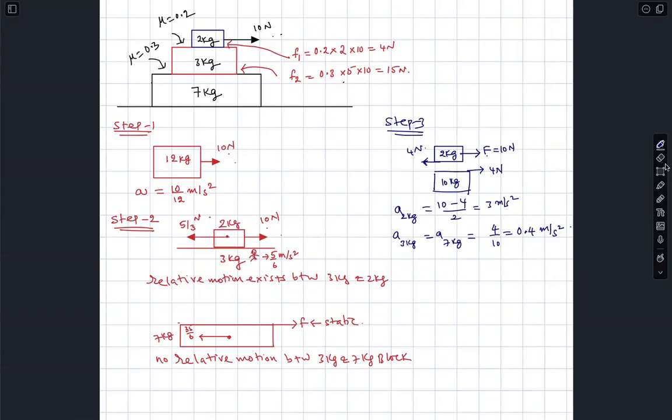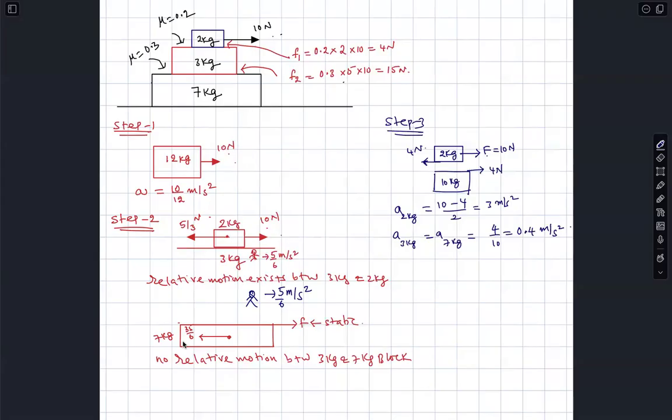In the second step, particularly here, you are studying all that in the reference frame of an observer who is moving with 5 by 6 meter per second square. With respect to this observer, the pseudo force on this is mass into acceleration, 7 into 5 by 6, 35 by 6, nearly 6, but leftwards.